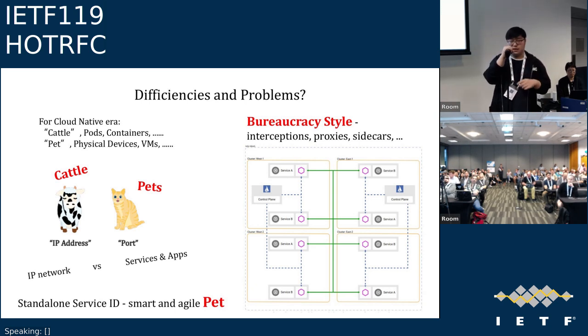On the right side of the slide is a realization of service mesh. Here we can see many proxies, many sidecars, and instructions of the traffic flow. So this is kind of bureaucracy.